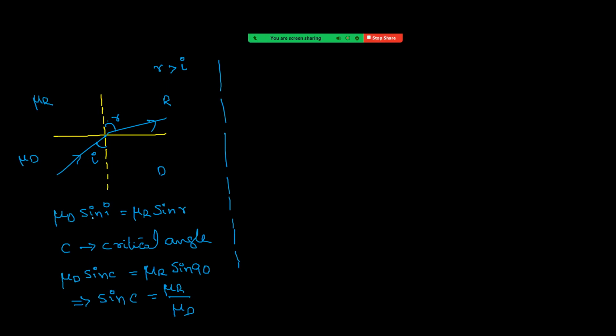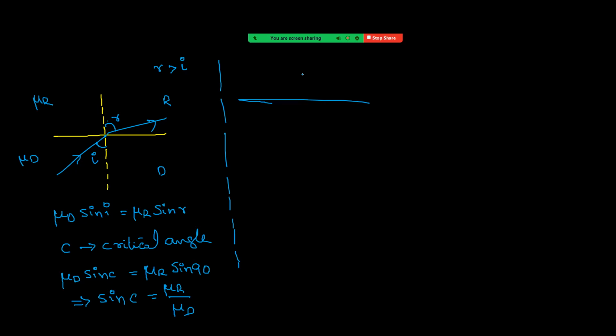See once again, the angle of incidence for which the angle of refraction becomes 90 is known as the critical angle. Now, if we still increase the angle of incidence, R cannot be greater than 90. That means refraction is not possible because we cannot apply Snell's law here. That means there is only reflection.